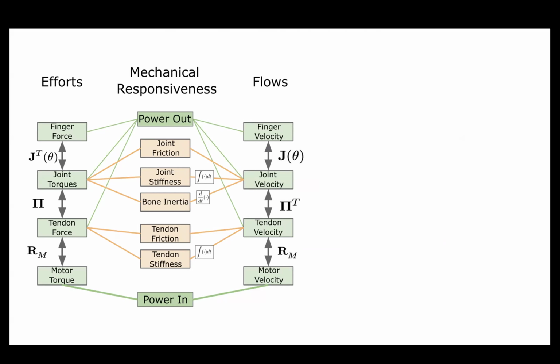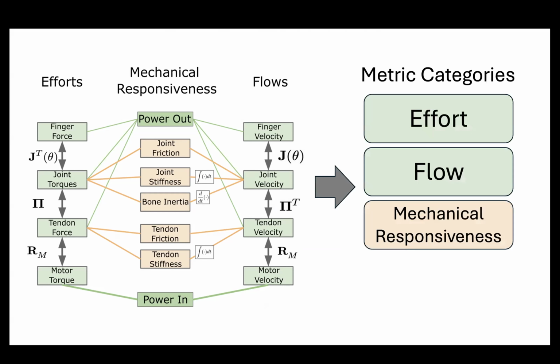This model of the finger gives us a nice way to categorize our metrics. It also allows us to ensure that we're evaluating all of the aspects of the finger that we find important. So our categories are efforts, flows, mechanical responsiveness, and then we also added a durability category since these manipulators are expected to interact with their uncertain environments.